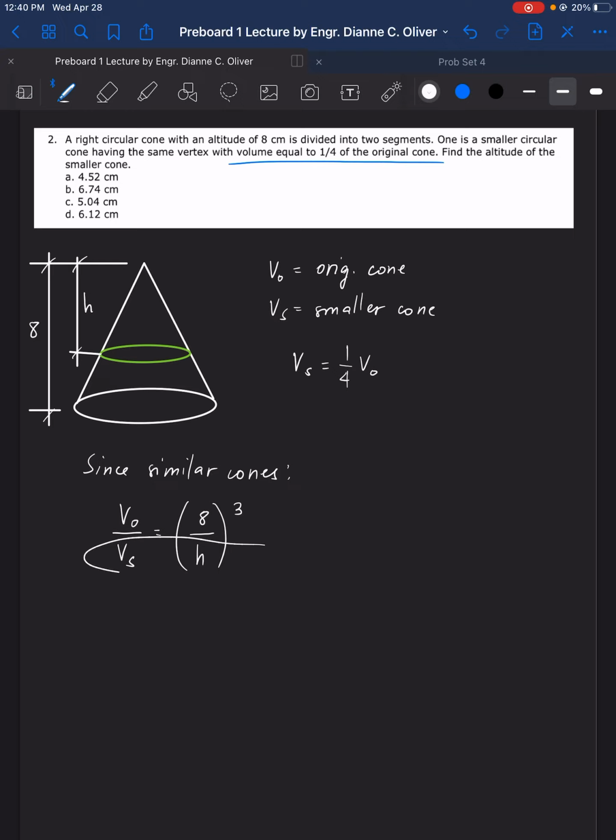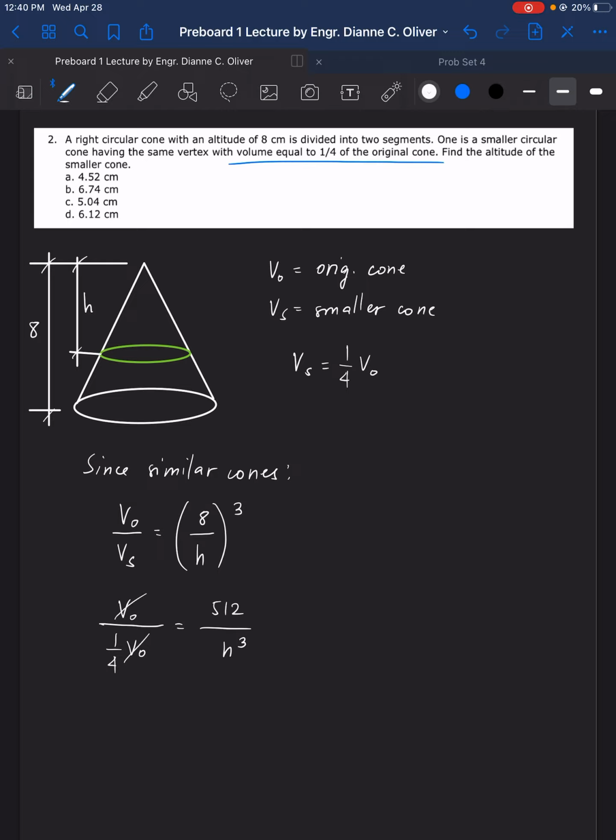Make sure this is for the smaller cone and this one is for the bigger cone. So V sub O all over 1/4 of V sub O is equal to 512 all over H raised to 3.